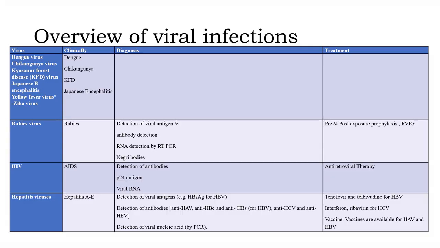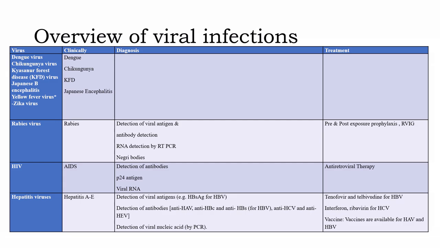You have a group of viruses, the dengue, chikungunya, what is called the arboviruses group, including Kyasanur Forest disease, Japanese encephalitis, yellow fever, and Zika viruses. You have the rabies virus, a bullet-shaped virus as we discussed earlier. The most important, HIV, the retrovirus, which causes end-stage AIDS infection.